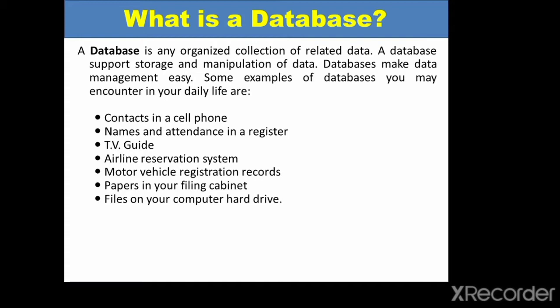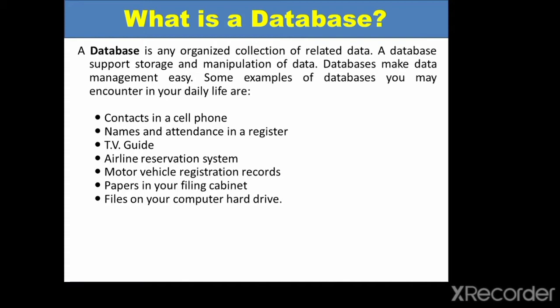Some examples of a database you may encounter in your daily life are the contacts in your cell phone, the names and attendance in a register, a TV guide, an airline reservation system, motor vehicle registration records, papers in a filing cabinet, or files on your computer system.